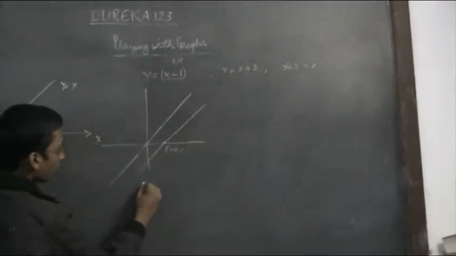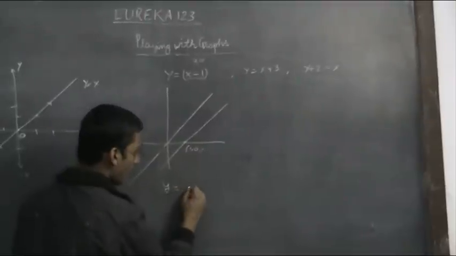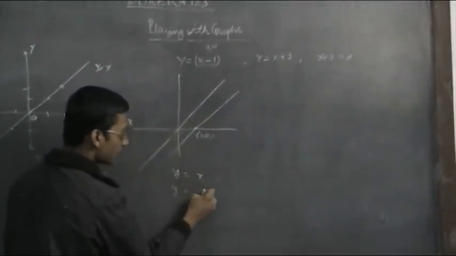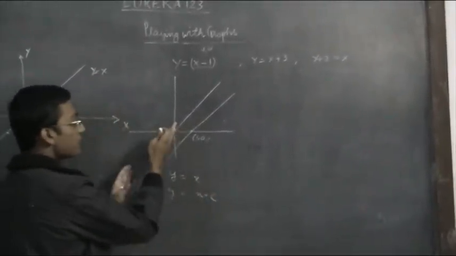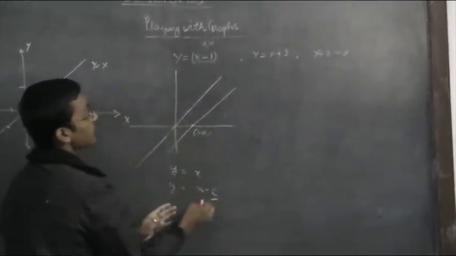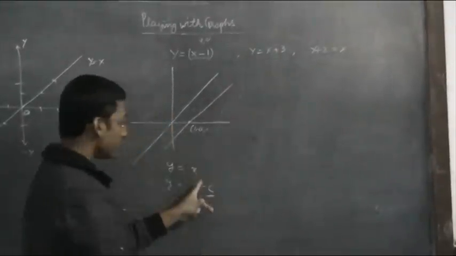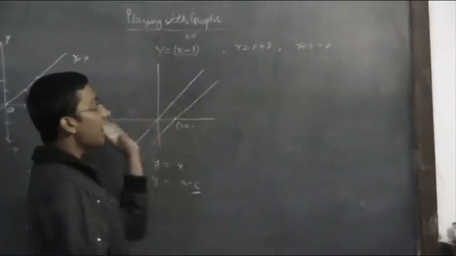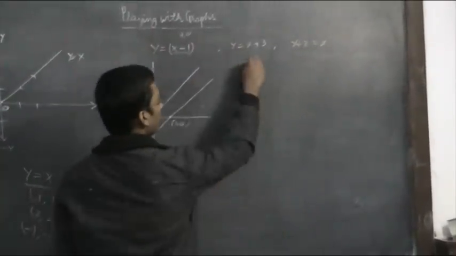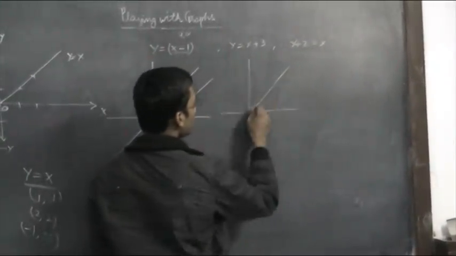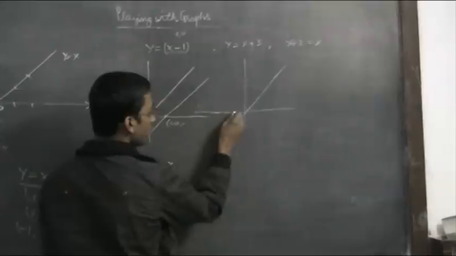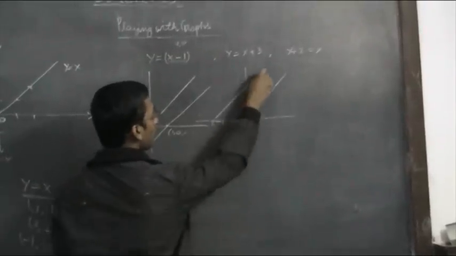So when we have something of the form y equals x, and we say y equals x minus c, then the graph shifts towards the right by c units. If we have x plus c, then the graph shifts towards the left by c units.